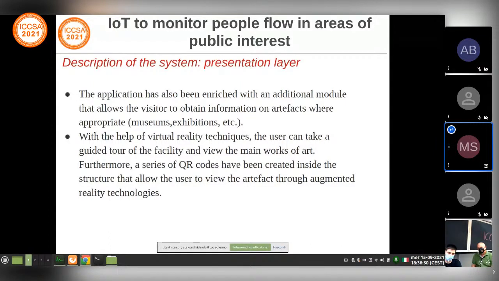The user may take a guided tour of the facility and examine the key pieces of art using virtual reality methods. Furthermore, inside the structure, a sequence of QR codes have been developed that allow the viewer to see the artifact using augmented reality technology.